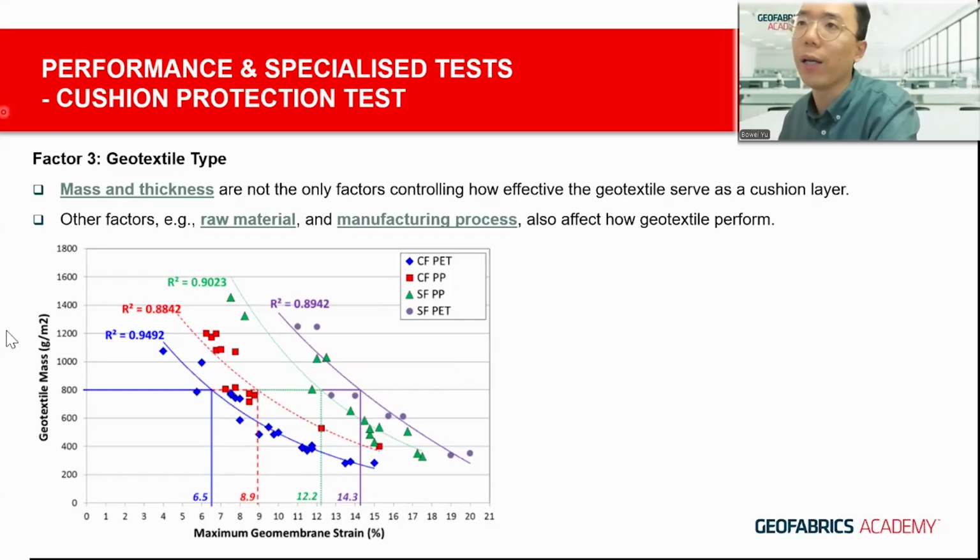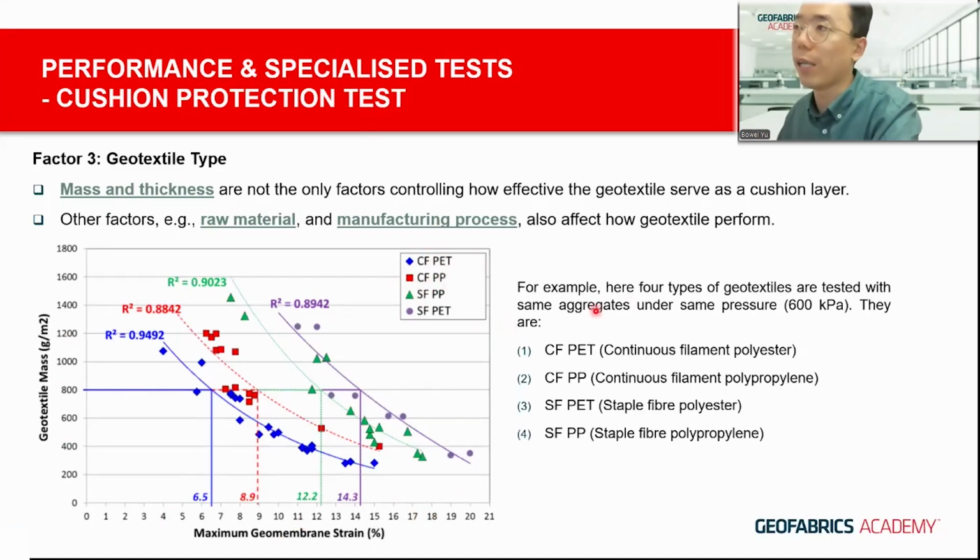So as an example, these are tests done at GRADE using all different sorts of geotextile manufacturing, from polyester and polypropylene, and using either the continuous filament type or the staple fiber type. We tested them using the same aggregates under the same pressure, and we obtained this tendency in the max strain from those different geotextiles.